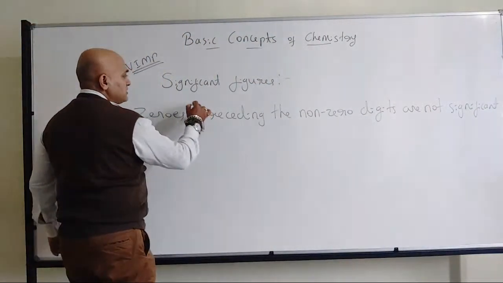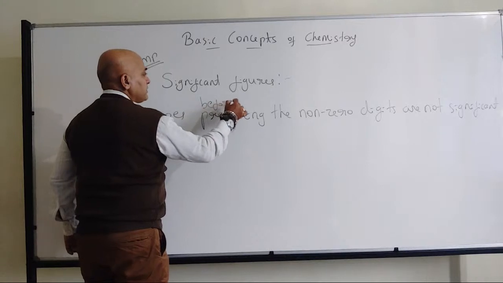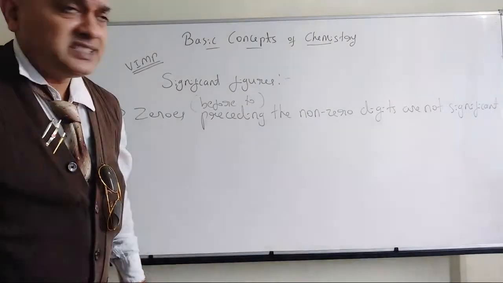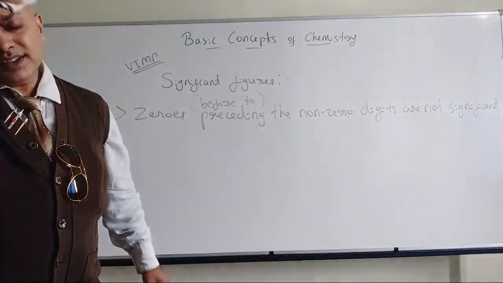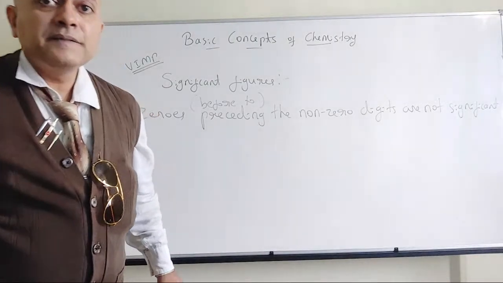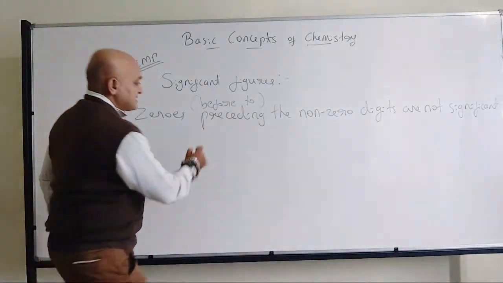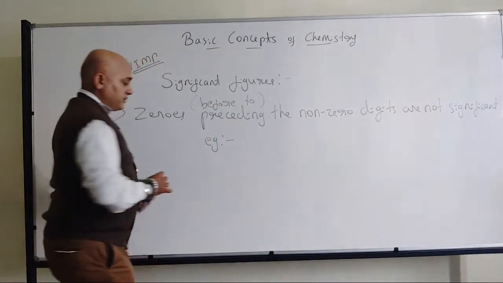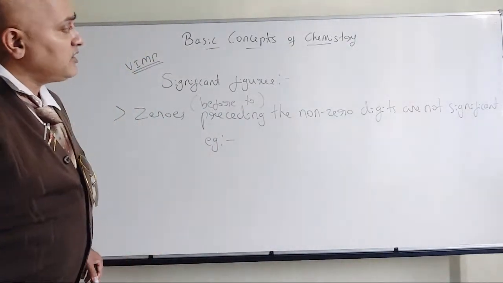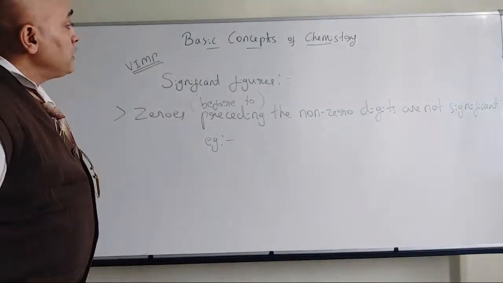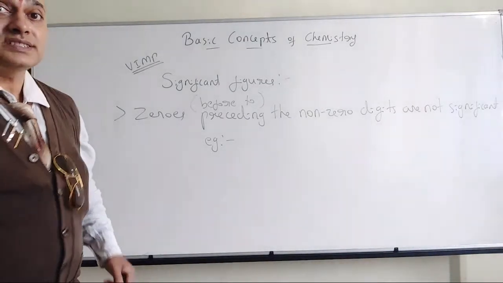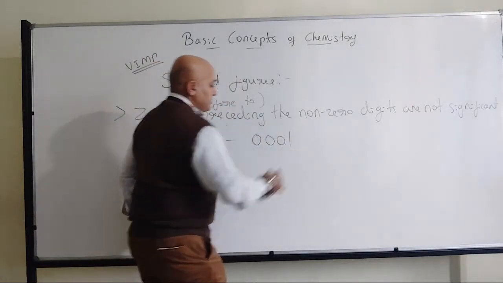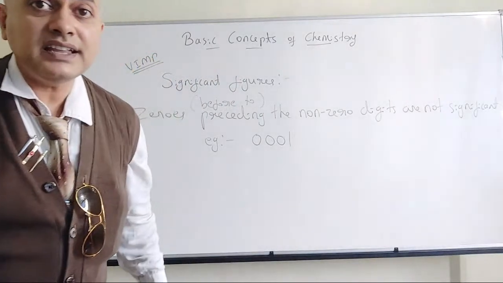I can mention either preceding or before the non-zero digits, they are not significant. All of you have understood? They are not at all significant. Say for example, I have 0001. How many significant figures are there in this case?